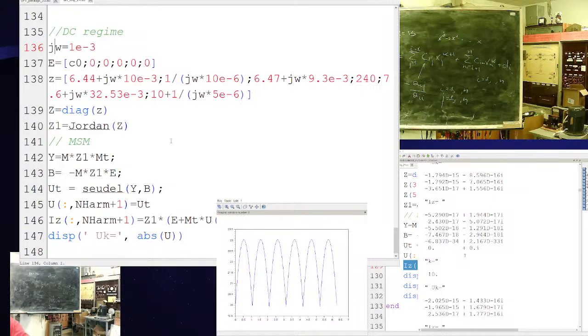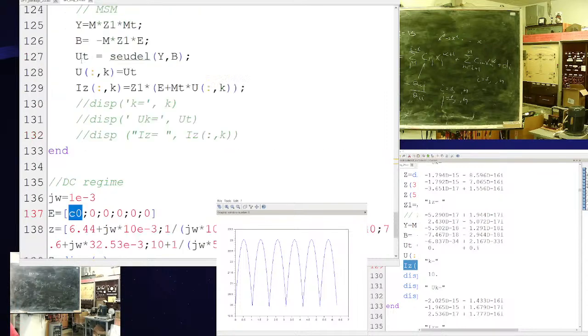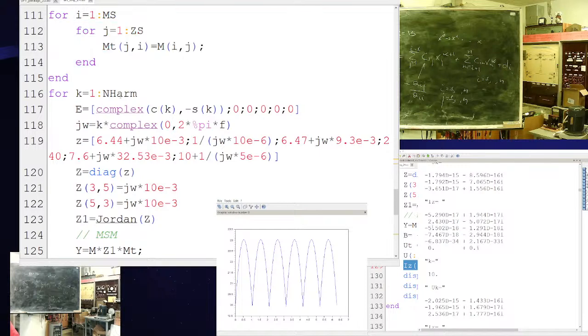DC regime should have its own M and Z matrix. And of course it has its own E vector because it's C0. See? C0. One moment. I should point it out. Here you see C0, not C0 by half. Here Ck minus Sk, not divided by square root of 2.